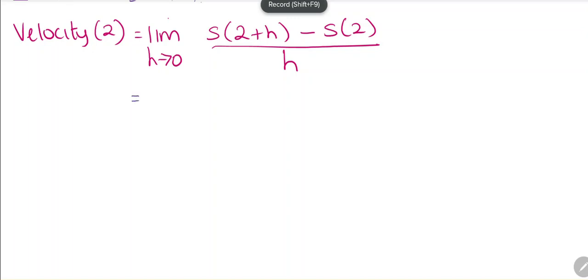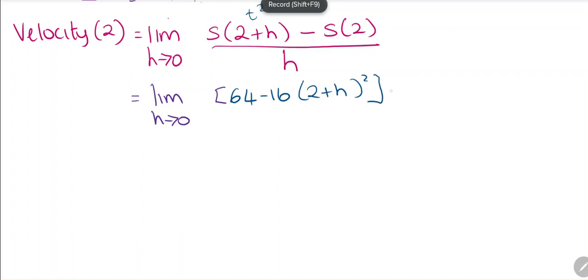So now we need to substitute into the formula. We'll have the limit as h is approaching 0 of 64 minus 16, and instead of t, we're going to write 2 plus h, and it was t squared, so this is going to be squared.